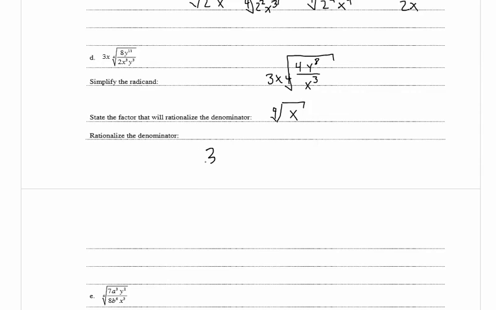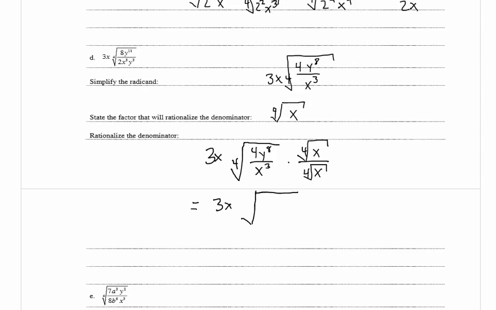So we have 3x times the fourth root of 4y to the eighth divided by x cubed times the fourth root of x divided by the fourth root of x. And this is equal to 3x times the fourth root of 4x y to the eighth divided by x to the fourth.